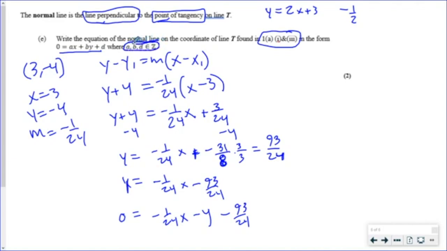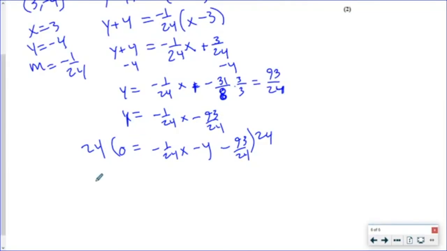So multiply everything by 24. So 24 times 0 is 0. Equals negative x, and then this times 24 is minus 24y. Last one here, minus 93. That's it. Time to go to bed.